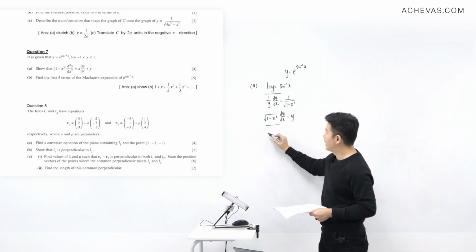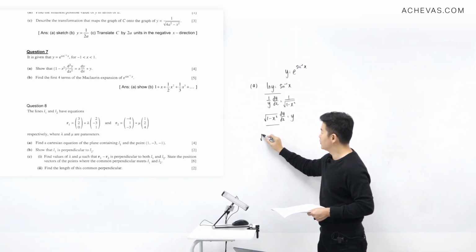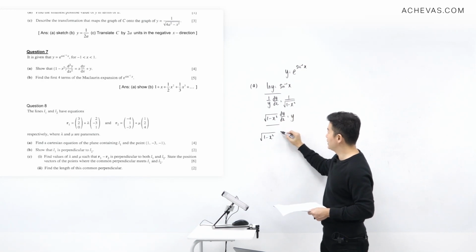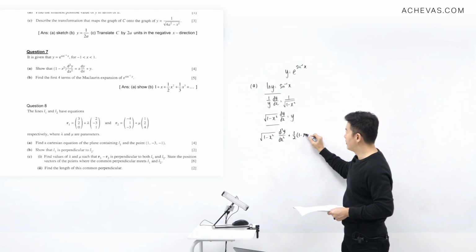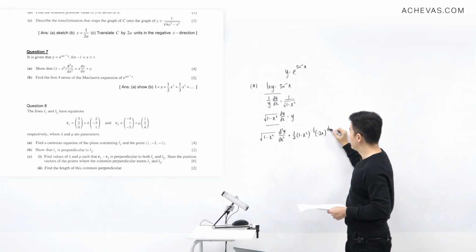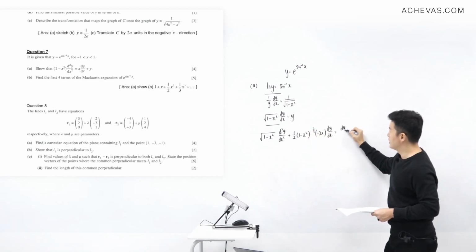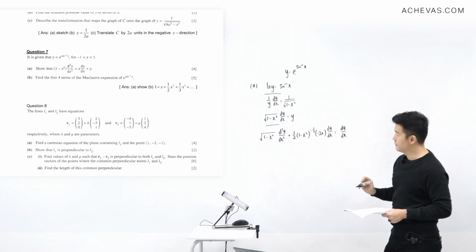So on the left-hand side, I'm going to apply the product rule. Square root of 1 minus x squared, I'm going to leave it as it is. Differentiating this is going to be d squared y dx squared. Then differentiating this now, it is going to be half (1 minus x squared) to the power of minus half times minus 2x, then dy dx.